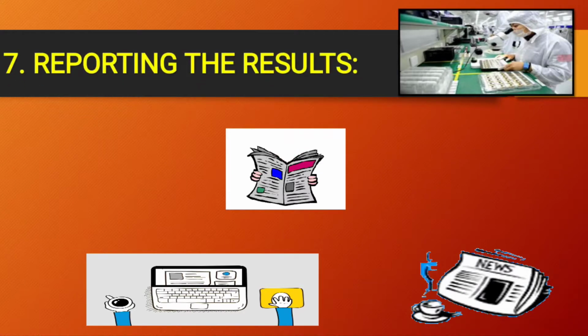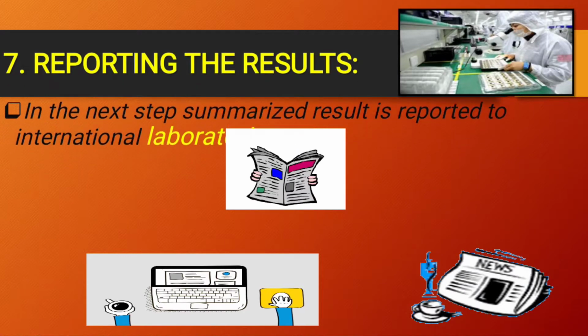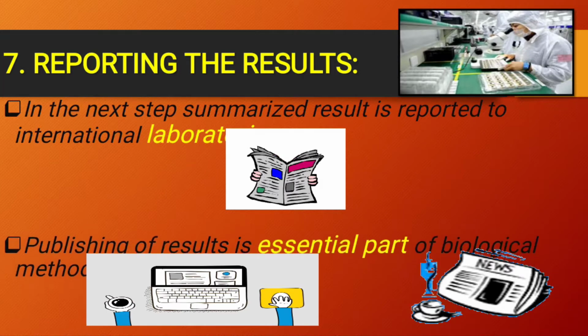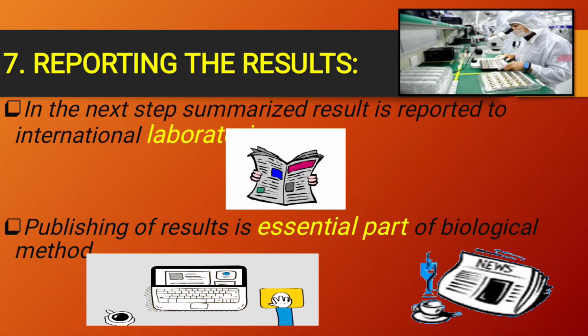Reporting the results is the 7th step of biological method. In this step, a biologist's summarized results are reported to international laboratories. Publishing of result is essential part of biological method.